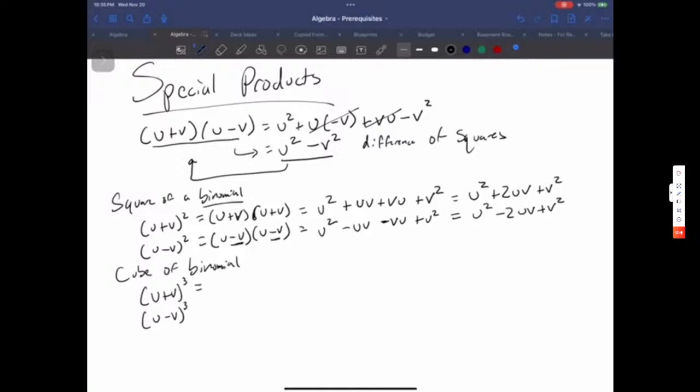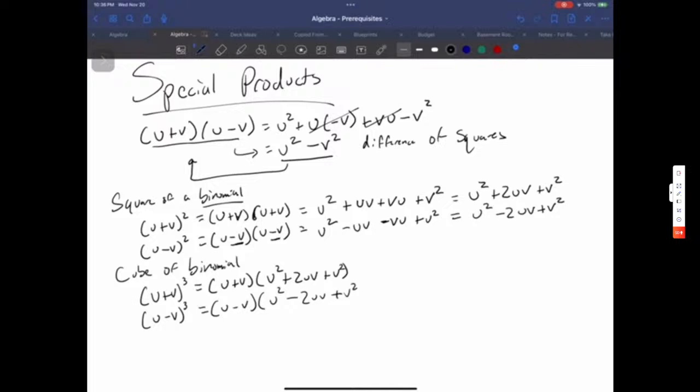We can take advantage of the fact that we already know what the square of a binomial is, so this actually ends up being u plus v times the thing we just wrote down, u squared plus 2uv plus v squared. This is u minus v times u squared minus 2uv plus v squared.